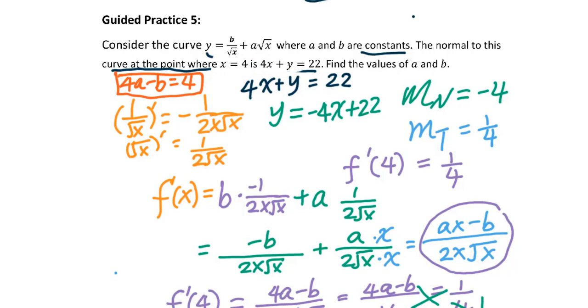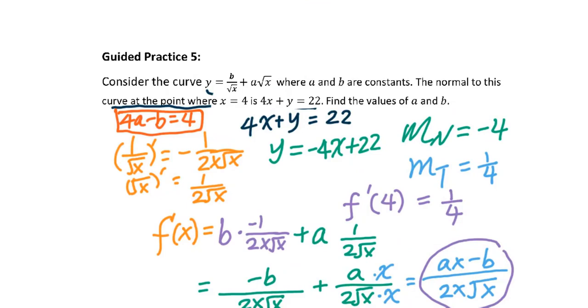They said the normal to this curve at the point where x equals 4 is 4x plus y equals 22. Let's draw the curve. And we know the slope or gradient of the tangent line is positive. Suppose this one is at x equals 4. I just need to draw the slope, making sure it's greater than 0.